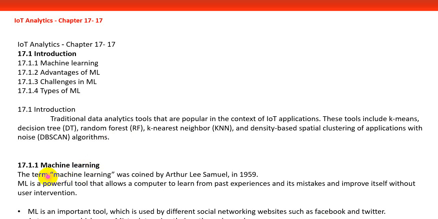See here, this machine learning was first coined by Arthur Lee Samuel in 1959. The word machine learning was coined in 1959. Now we are seeing the results of that. Machine learning is a powerful tool that allows computers to learn from past experiences.